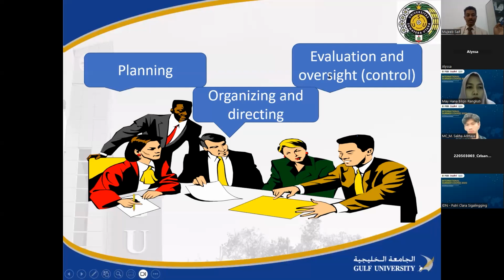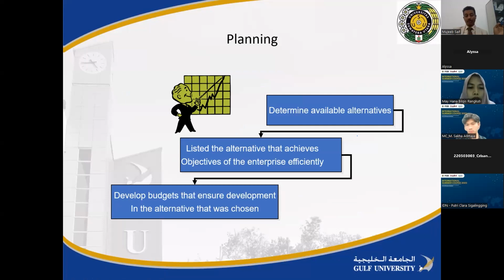Right? So here there is some more information about each one of these. For example, regarding planning, we should determine viable alternatives. We should list the alternatives that achieve the objectives of the organization. We should develop a budget that ensures the development of the alternative that was chosen.